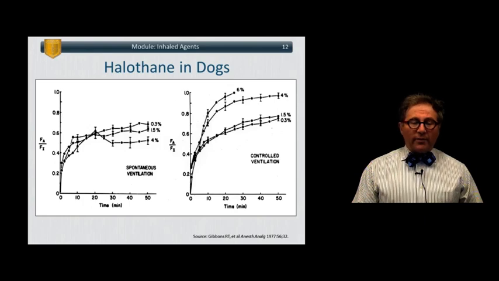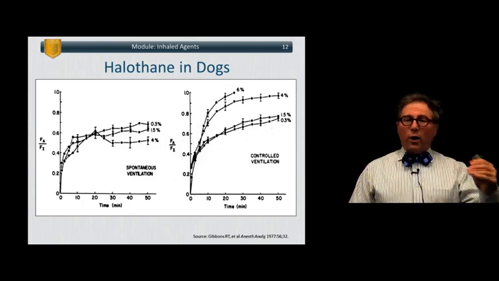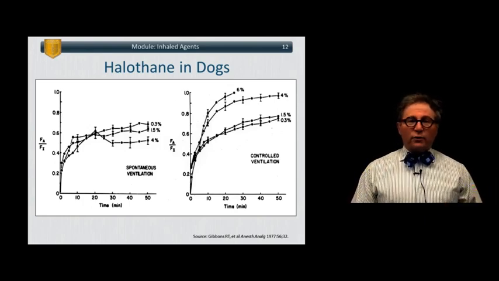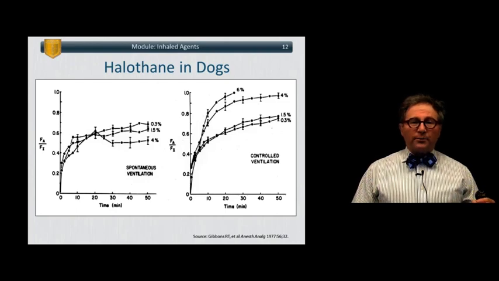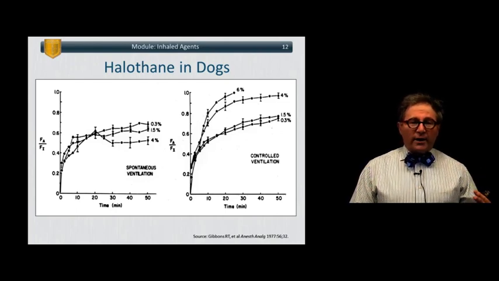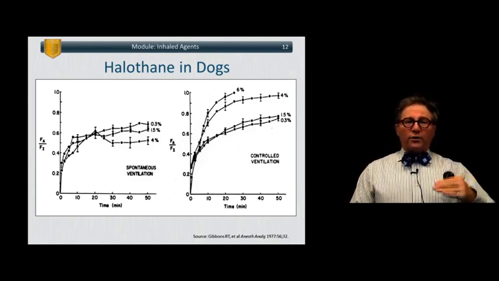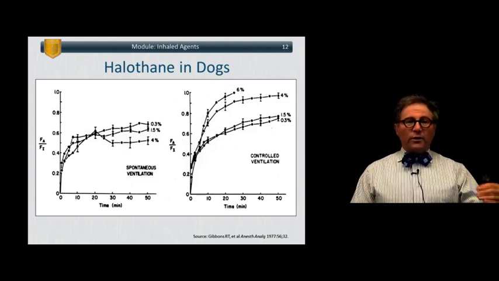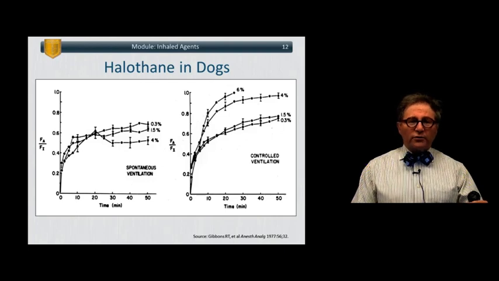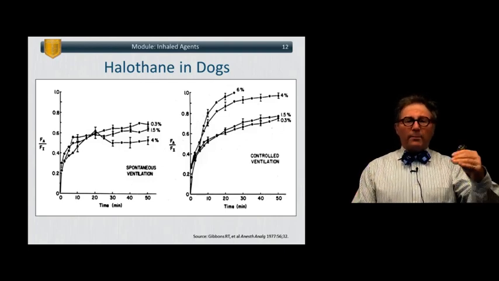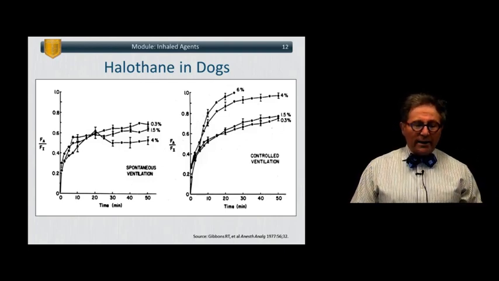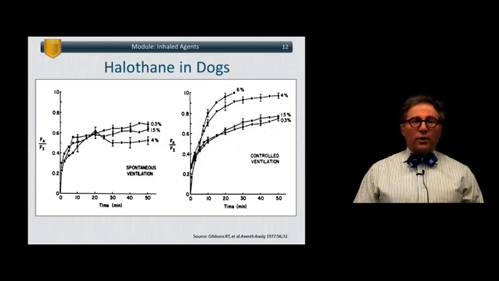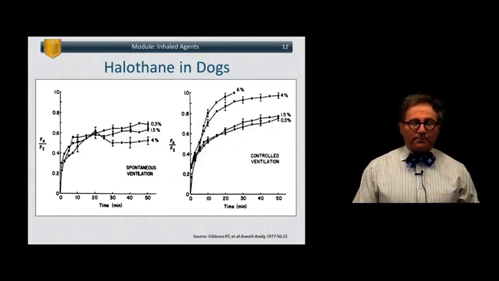And as we gave higher and higher concentrations, the wash-in was no faster or no slower. In other words, the more anesthetic we gave, the slower the breathing, the less uptake there was. The lower the anesthetic-inspired concentration, the more rapidly the dog breathed. And in the end, the wash-in curves are almost overlapping and identical.